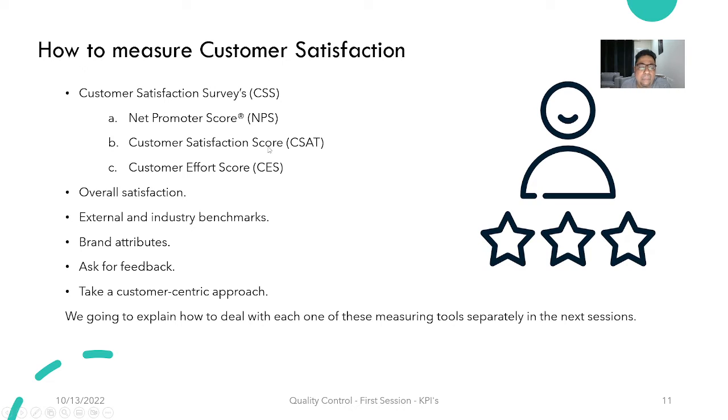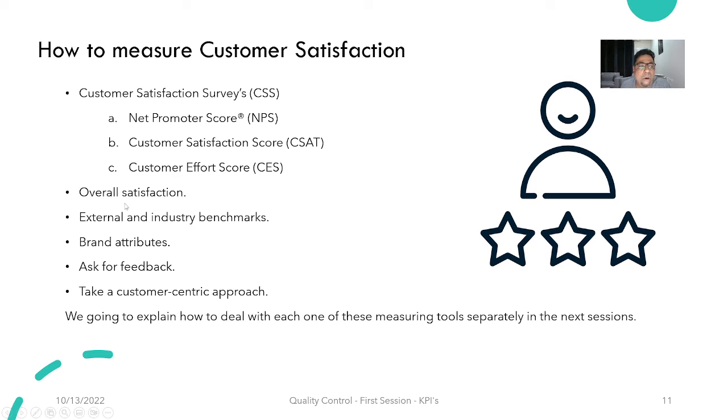We have many methods to measure it. The first one is the customer satisfaction survey, which contains the net promoter score, customer satisfaction score, and customer effort score. So we have NPS, which is net promoter score, CSAT, customer satisfaction score, and CES, customer effort score. This is related to the customer satisfaction survey.